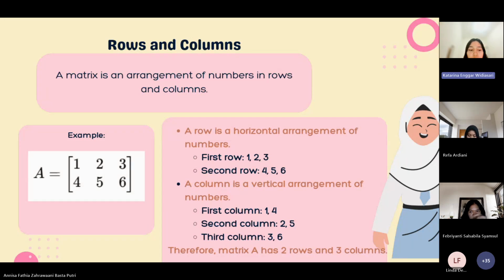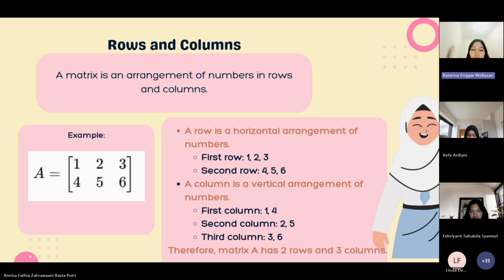On the other hand, a column is a vertical arrangement of numbers, meaning the numbers are placed from top to bottom. The first column is 1, 4, the second column is 2, 5, and the third column is 3, 6.